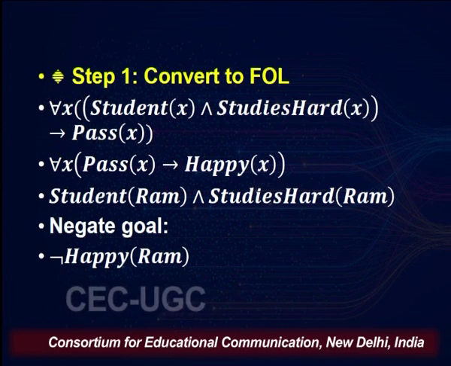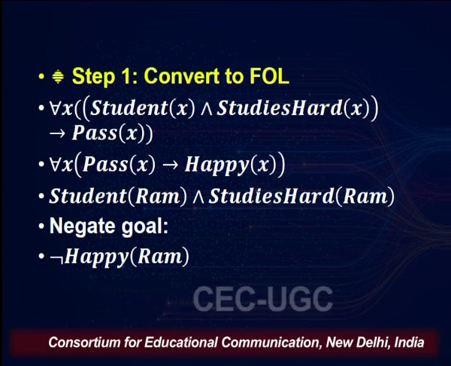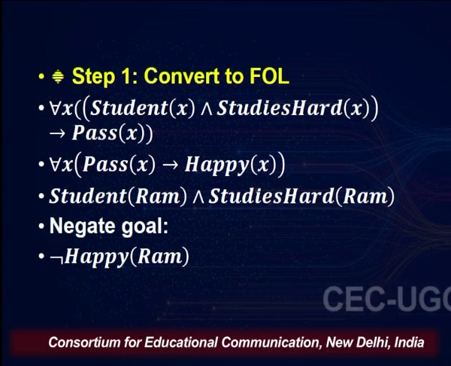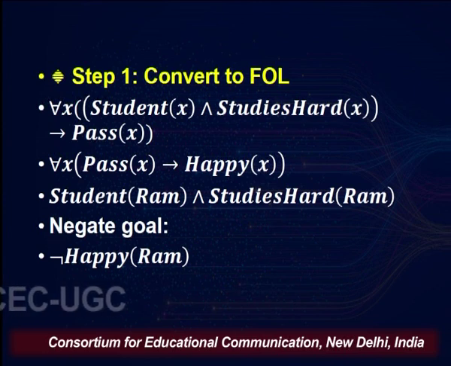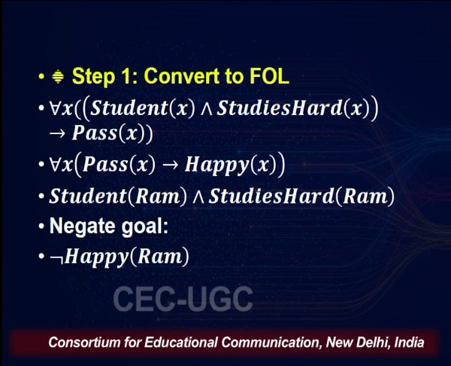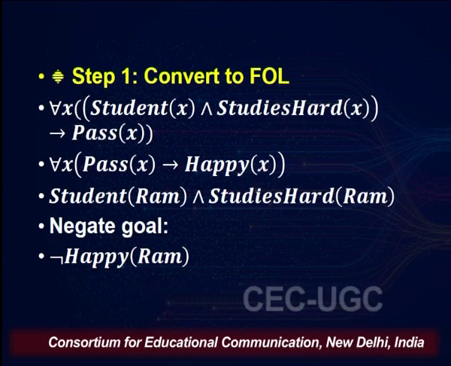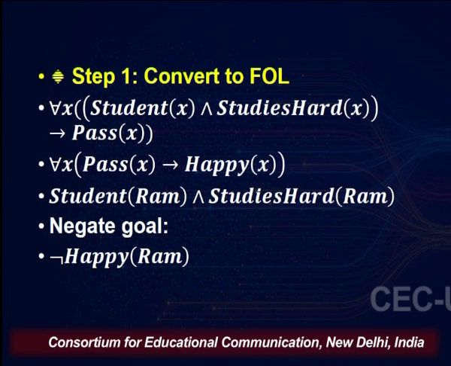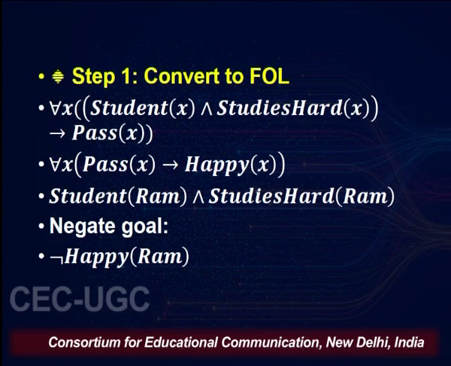So, in conversion to FOL, we have for all x, student x and studies hard x implies pass x; for all x, pass x implies happy x; student Ram and studies hard Ram; and the negation of the goal is happy Ram.